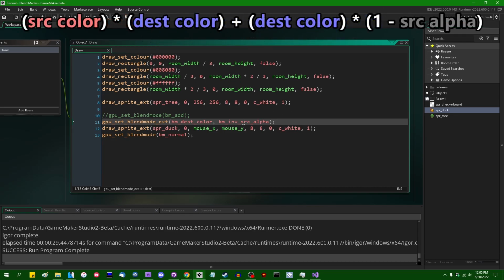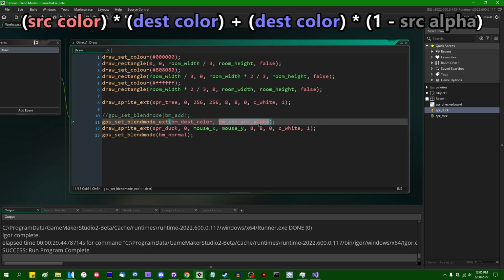And much like in some of the other blend modes that we talked about, this is just going to multiply the destination color by 1 minus the source color's alpha. In cases where the source color is fully opaque, where the source color's alpha is equal to 1, 1 minus 1 is going to be 0, and we're just going to be left with the destination color multiplied by the source color.